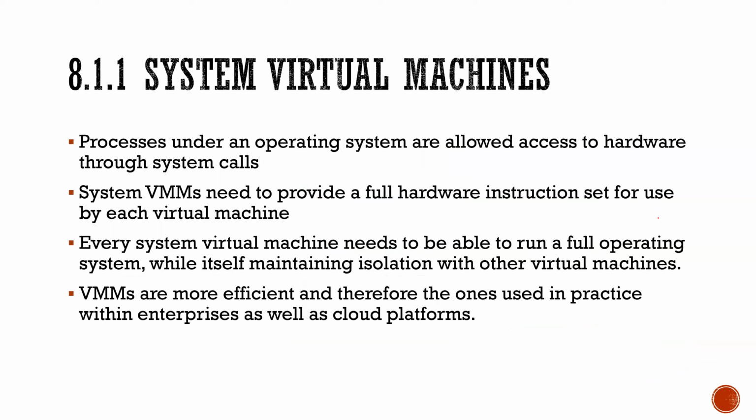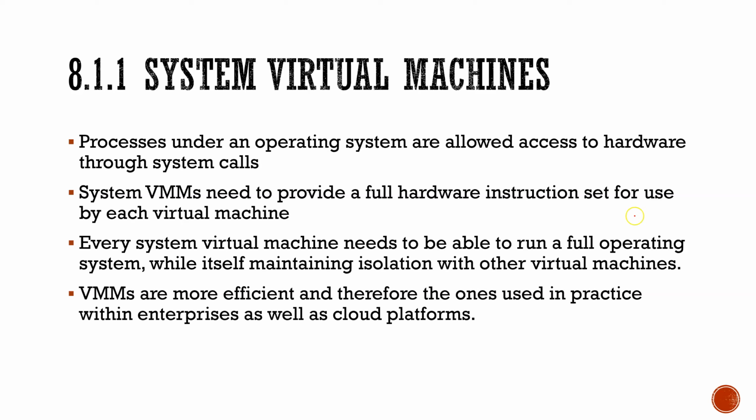Processes under an operating system are allowed access to the hardware through system calls, what we used to refer to as remote procedure calls. The hypervisors, or the VMMs, virtual machine monitors, enable a full hardware instruction set for every virtual machine.